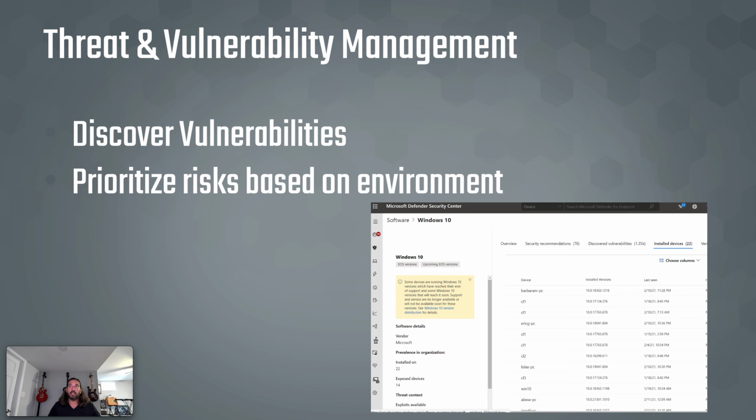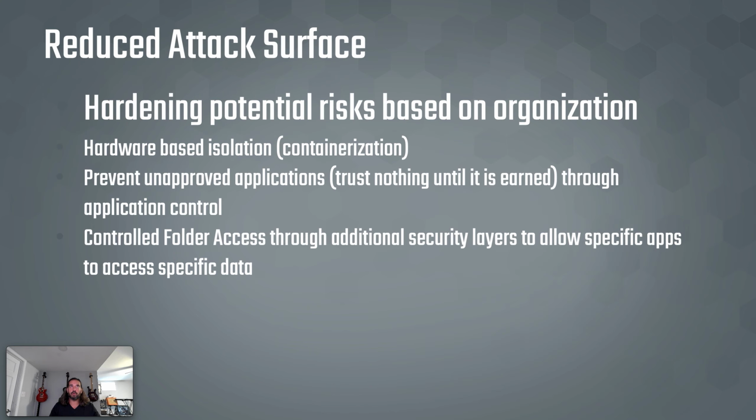You can see what devices the software that has the vulnerability is installed on, in a tab that is next to the discovered vulnerability, which is next to the security recommendations, all in an effort to make decisions quickly. So adding some intelligence around threat and vulnerability management, versus waiting for a scan to happen, waiting for the inventory to come back from that scan, and then taking action on who is missing that patch once they've realized they've missed it, is a little bit of a different approach.